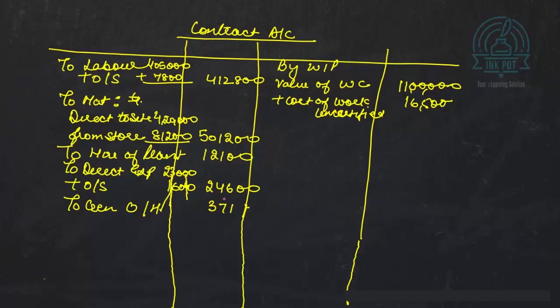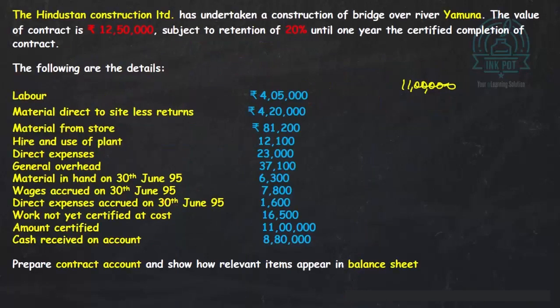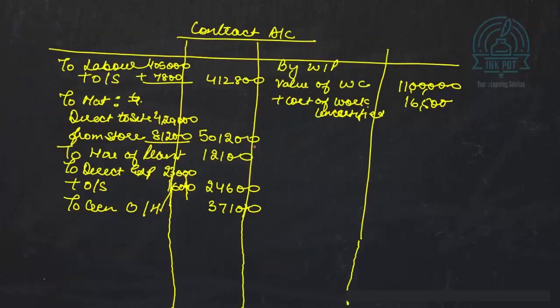I think we have included all the expenses. Now we are going to calculate. Oh, sorry, we have skipped one expense. This is material in hand on 30th June. Either you can deduct this value from the cost of material, or you can show this as closing stock on the credit side. By closing material, this is 6,300.